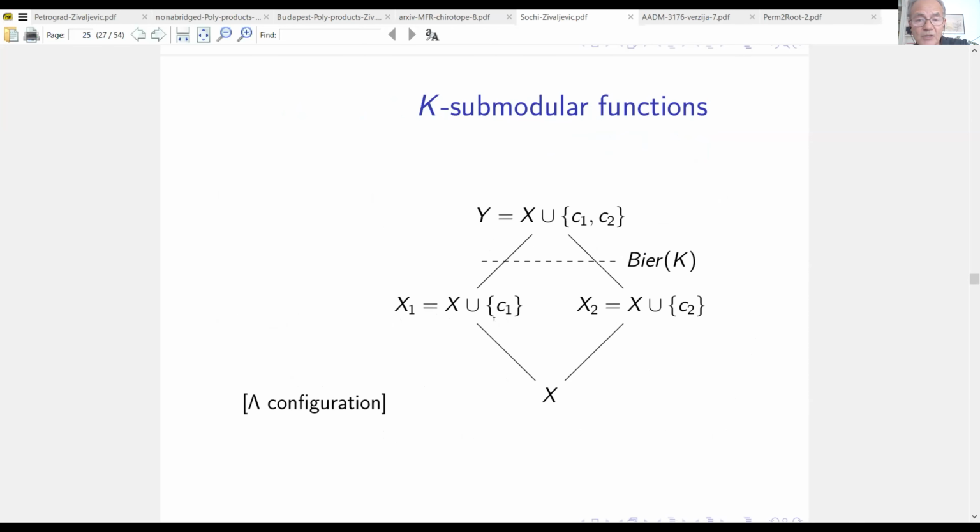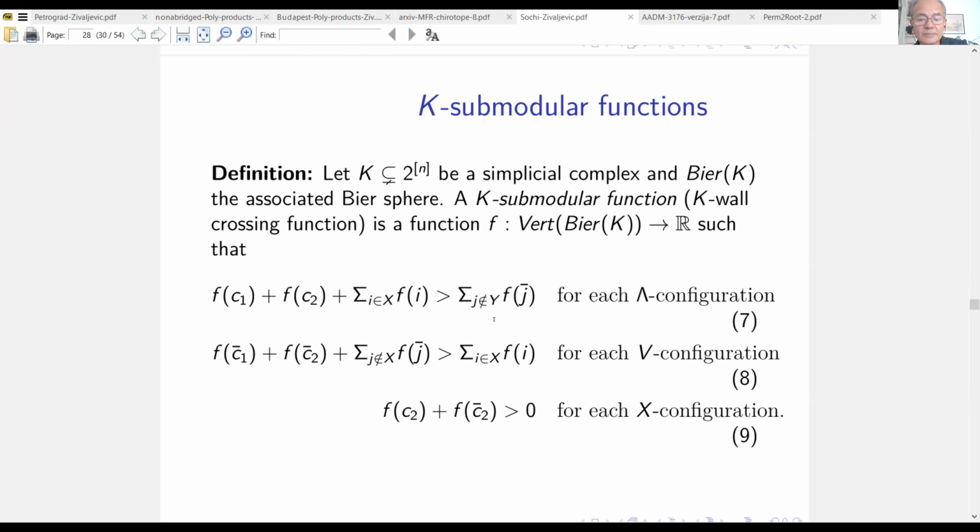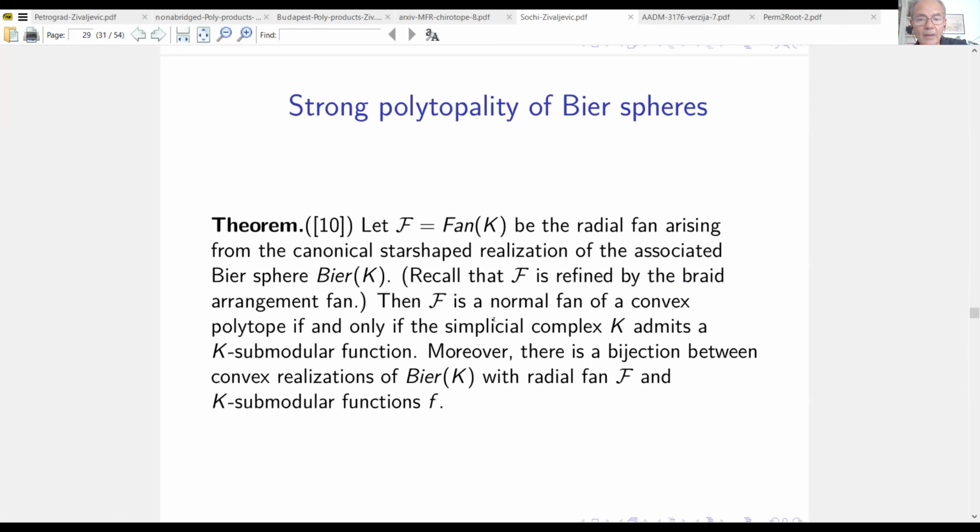And this is some discussion about the precise meaning of these inequalities, the classification of ridges in the Bier sphere in terms of these delta diagrams. There are 3 types of them. And this is another description of the inequalities for a K-submodular function. And strong polytopality is just theorem 1. I repeat, just theorem 1.